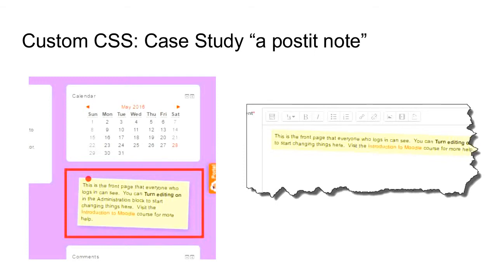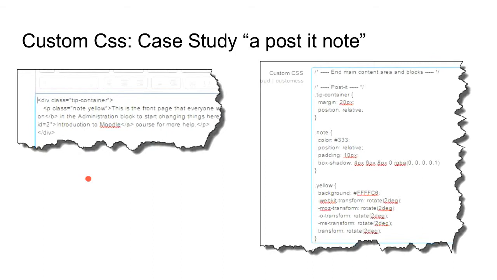It's rotated, it's yellow, and it looks like a post-it note. If you go into the source view of the HTML editor and you look at that post-it note, I'm not sure if you can see my screenshot very well there. I apologize, but they've actually gone into the HTML editor source view of that block. They've gone into the block, and then in the HTML editor they've entered the source view, and they've added some specific classes. And I think one of them is tip container.